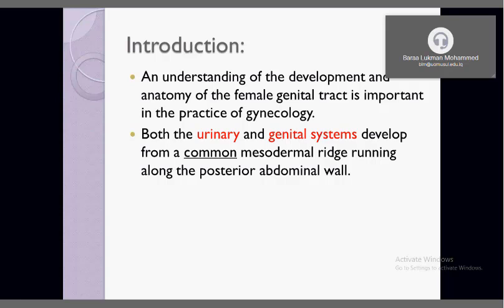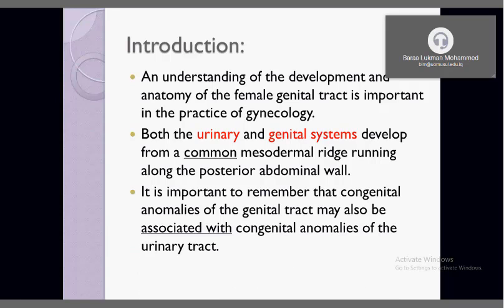So it is expected that abnormality of one of these systems may be associated with abnormality of the other system. And when you encounter certain abnormalities of the female genital tract, especially those related to Mullerian development, you have to consider associated abnormality of the urinary system.